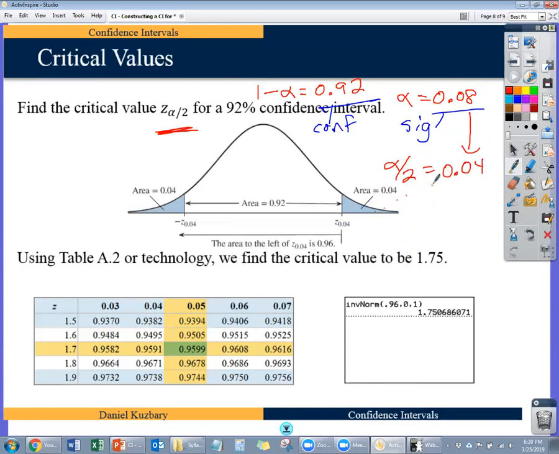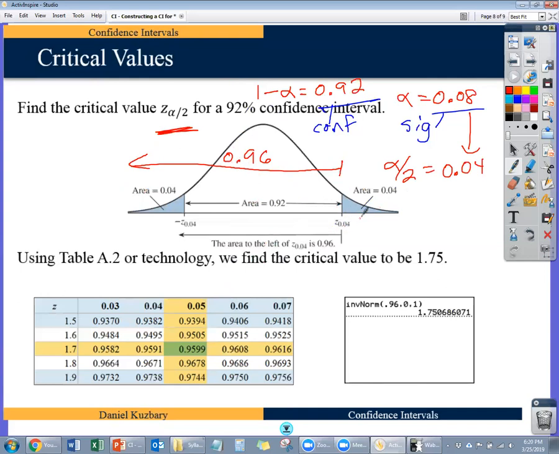So if I'm looking at my normal curve, z sub 0.04 is down here. The area above it is 0.04, which means the area to the left is going to be 0.96. Okay, so if that's 0.04, that's 0.96. And this is the number I'll use, the standard normal table, to find my z value.